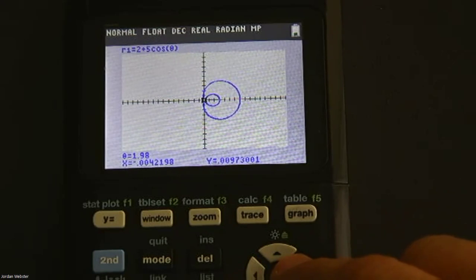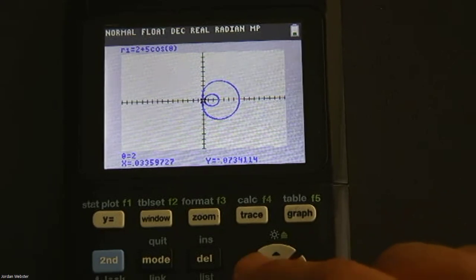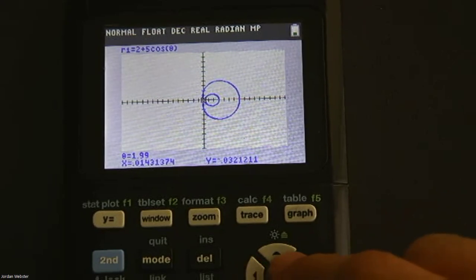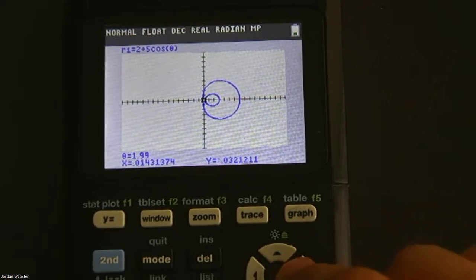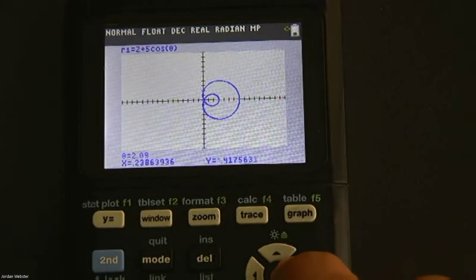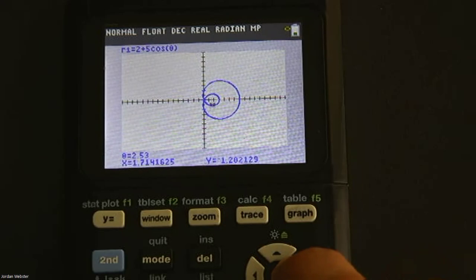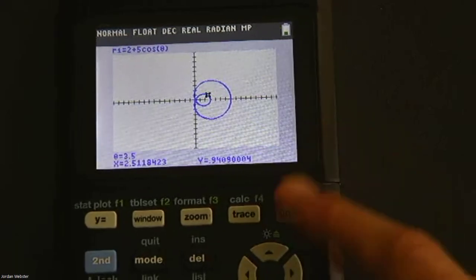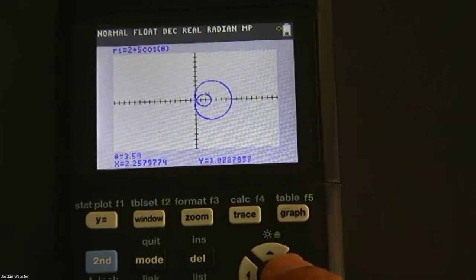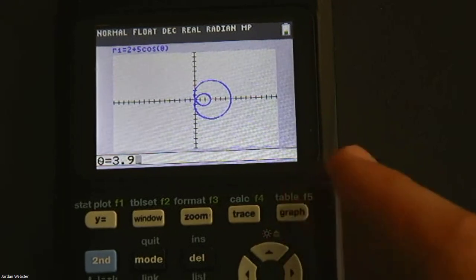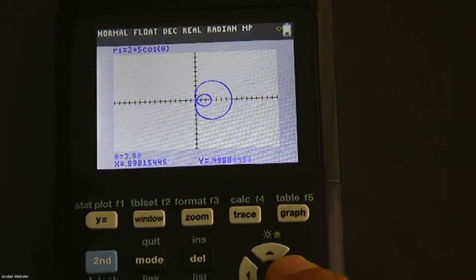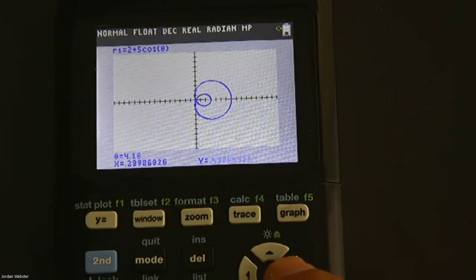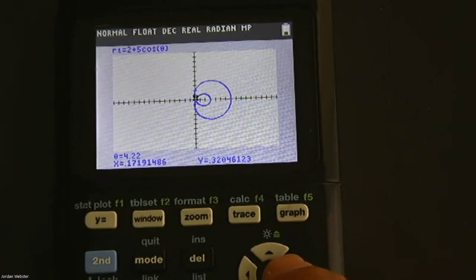Somewhere between about 1.98 and 1.99, we hit that origin, and then I trace around that inner loop. If I want to speed it up, I can speed up a little quicker and then go back to the origin.